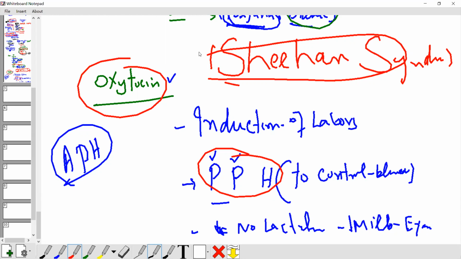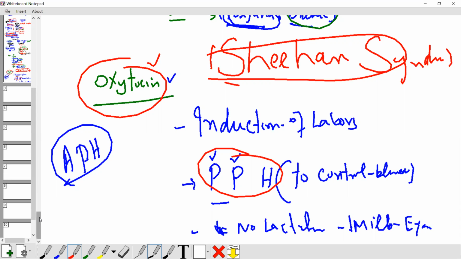If no prolactin, no milk production, so failure to lactate. The doctor must think about Sheehan syndrome if the mother fails to lactate after delivery, not able to feed. Understand? So these are the uses related to oxytocin.